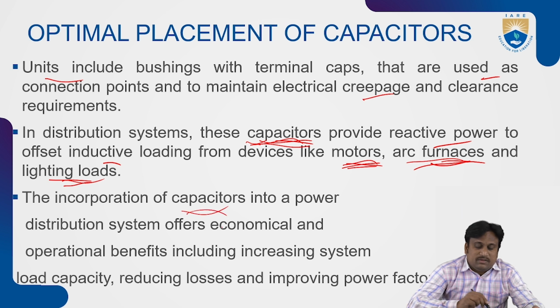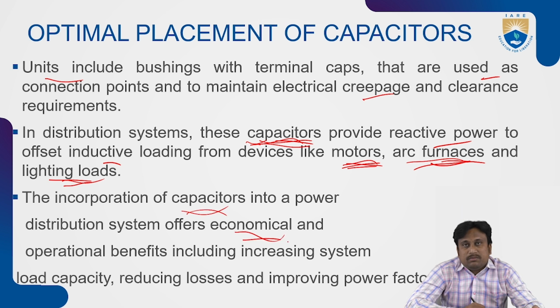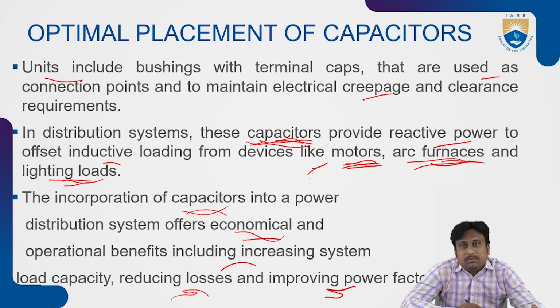Incorporating these capacitors into the power distribution system offers economical and operational benefits. These include increasing system loading capability, reducing the loss coefficients, and improving the power factor. If not, the current will lag behind the applied voltage, whatever the inductive loads we connect to the system. So the placement of capacitors in a distribution network offers economical and operational benefits.